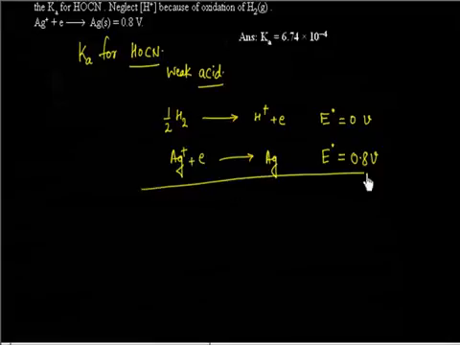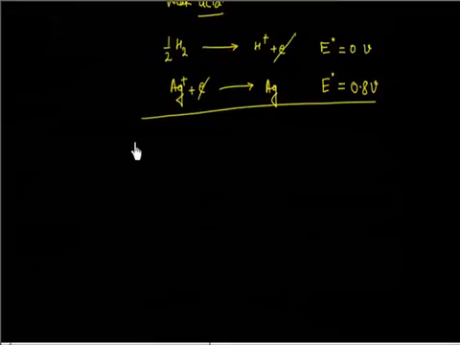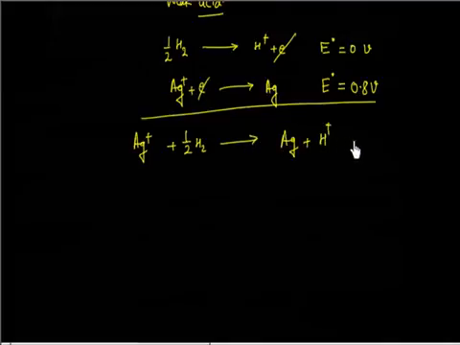Now if I add these two reactions, the electron cancels, and we have the overall reaction: Ag plus plus half H2 gives Ag plus H plus. E degree cell for this reaction is 0.8 volt.